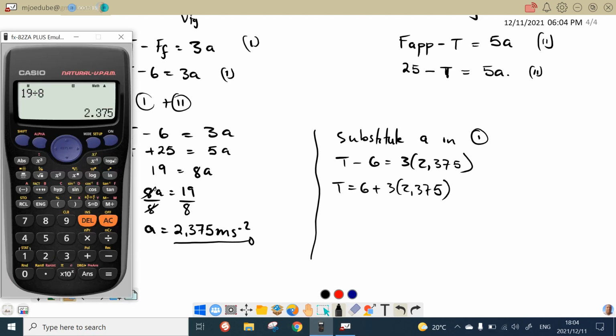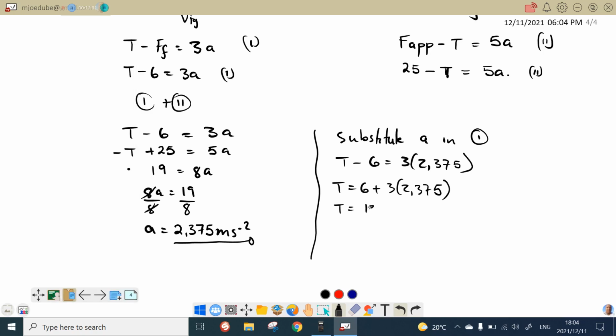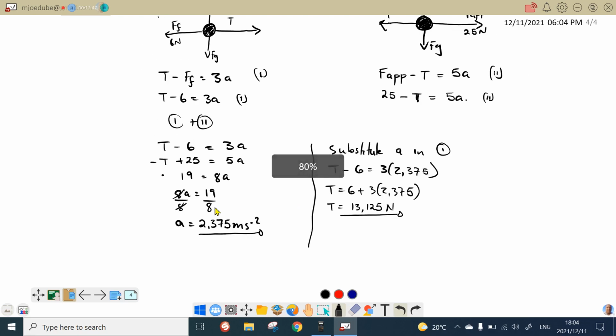Just put that into my calculator, times 3, and then plus 6. And so what you're going to get is something like 13.125. So T is equal to 13.125. T is the force, so the units are 13.125 newtons.